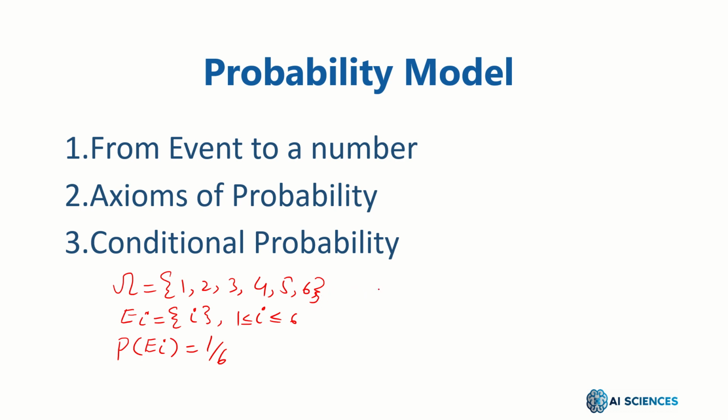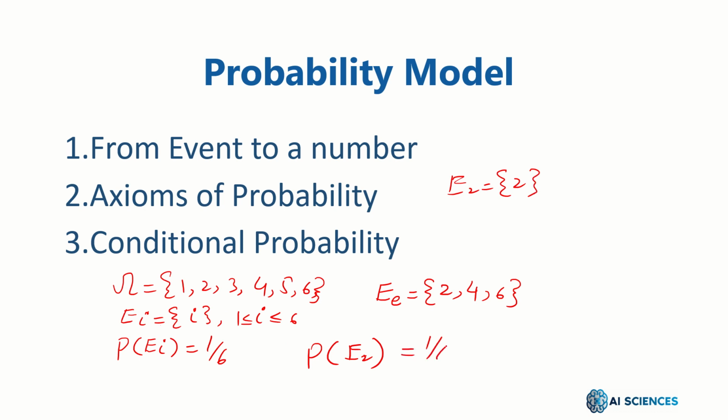So now let's say you have an event E. Let's say this event is 2, 4, and 6, all the even elements. Now the probability that E2 occurs, and remember here E2 simply means that the outcome is 2, is 1 over 6.